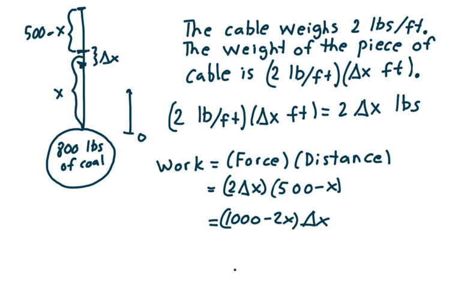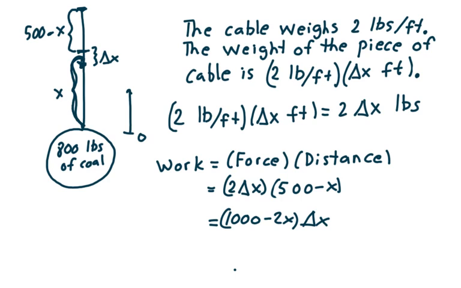And suppose x is the distance from that small piece of cable to the bottom of the cable. And what that tells me is that 500 minus x is the distance from that small piece to the top of the cable. So we're going to need that shortly.